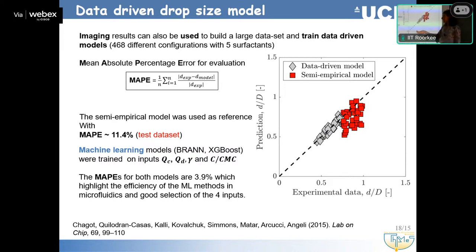In the beginning, we put as inputs the two flow rates, the surface tension, and the concentration, and we got one model. We found that when we omitted one of the two, the results were not very different.